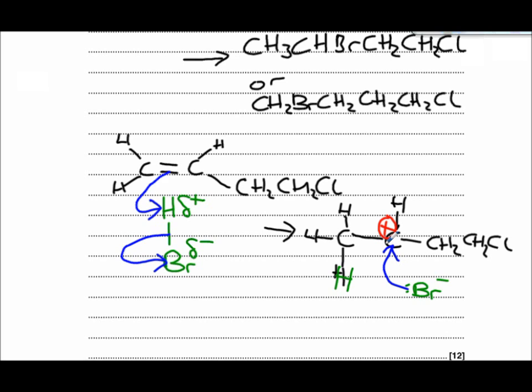To finish your mechanism, you need to put in just what your final product is. So down here we have CH3, CHBr, CH2, CH2, Cl.